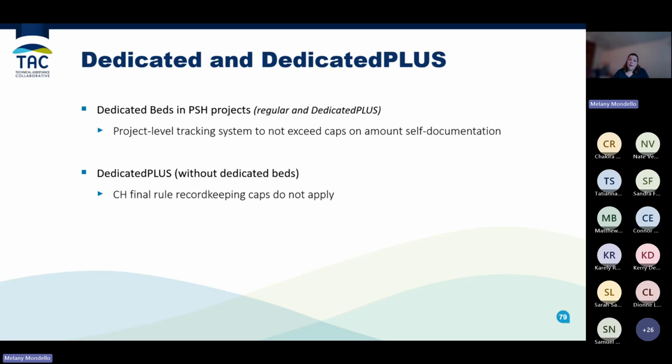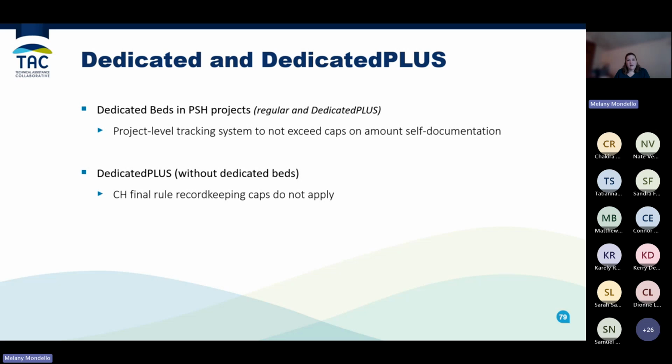If you're a dedicated plus project, but you didn't dedicate your beds and it's a specific question on your project application, the caps that I'm talking about, they don't apply. So dedicated plus without dedicated beds, which is a very technical thing to do, the caps don't apply.